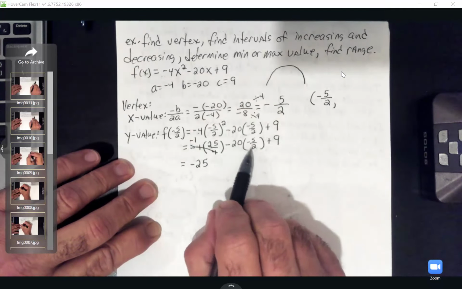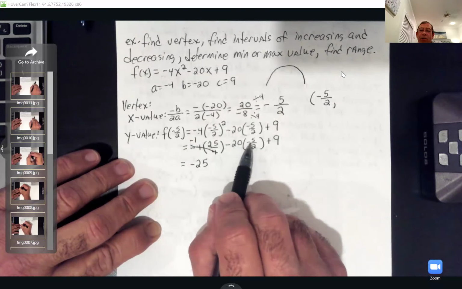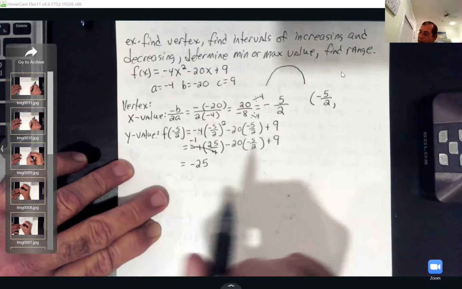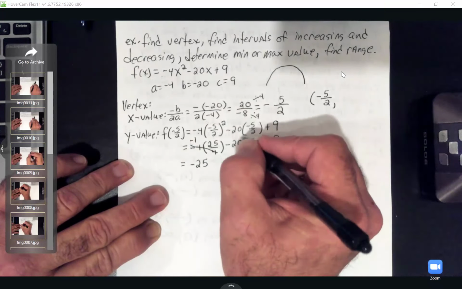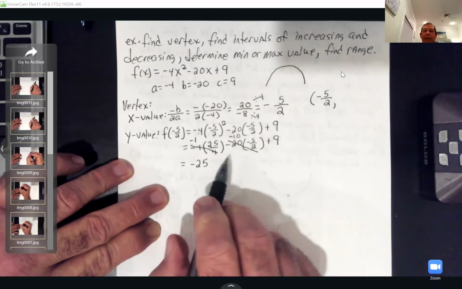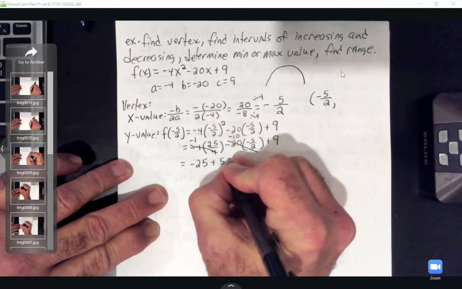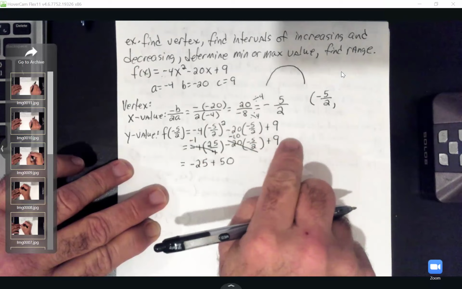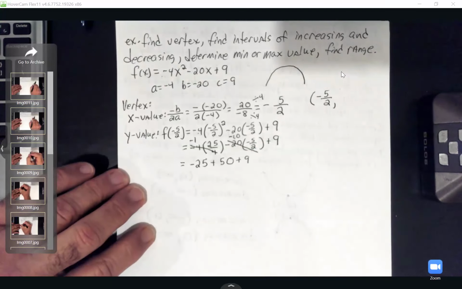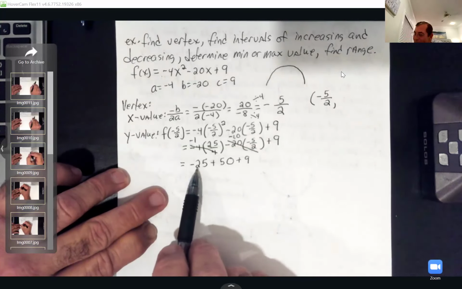Like right here, you can multiply and divide. Negative 20 times negative 5 is 100 divided by 2, which will give me 50. Watch this, y'all. This negative 20 divided by that 2 gives you a negative 10. And negative 10 times negative 5 makes that a positive 50. At the end, bring down the 9. Now, are y'all noticing something on these?